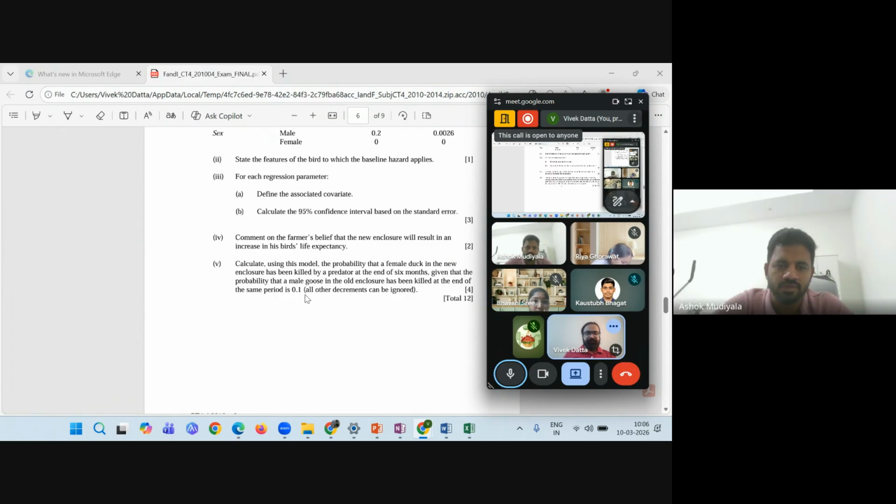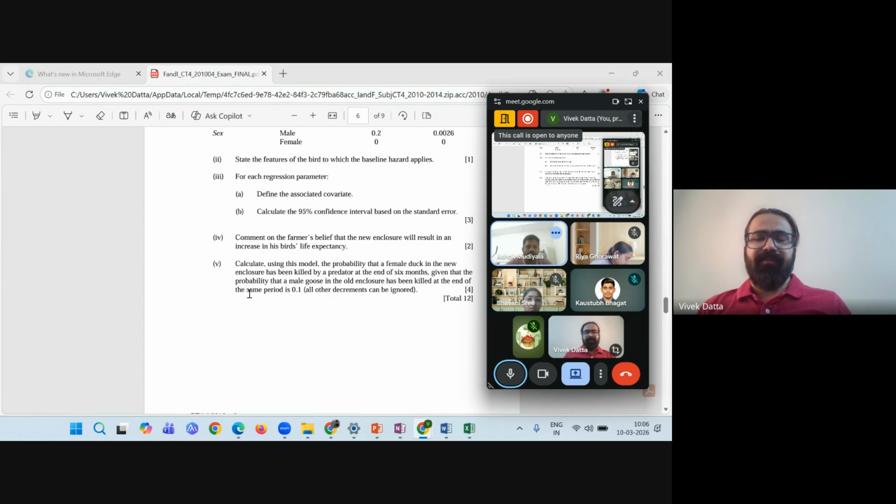The same as what we did in the previous sum, you will do. But what is the trick here? The male goose is given. The female duck in the new enclosure is what we need to find.